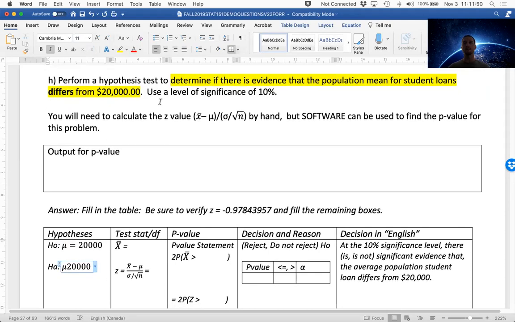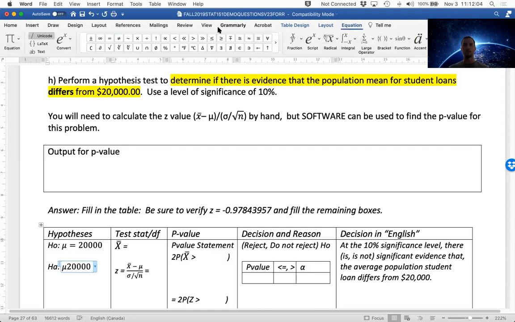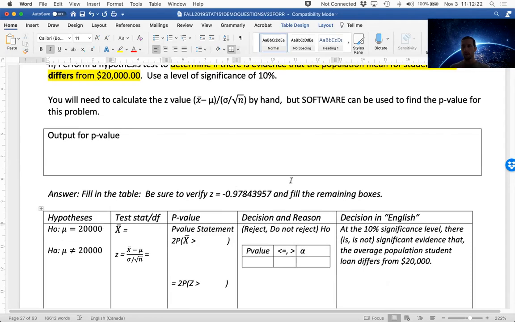The question is asking us to test for a difference of mu versus 20,000, so that's why we have the does not equal sign in the alternative. Any questions about that first point?